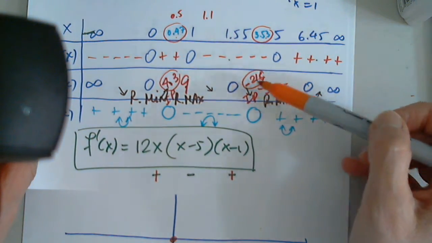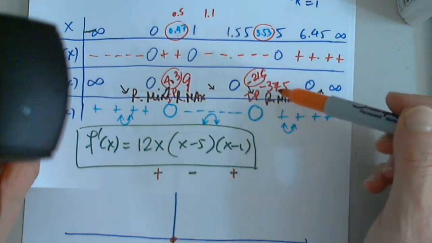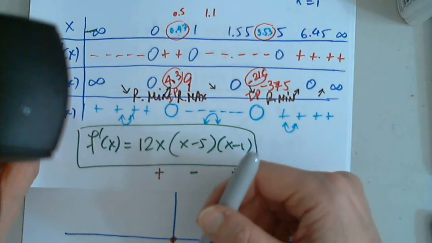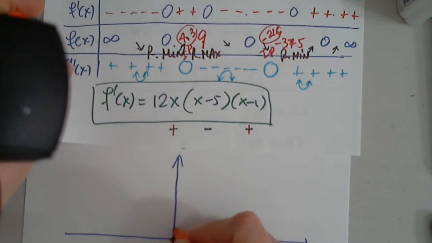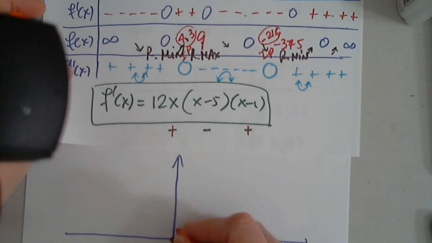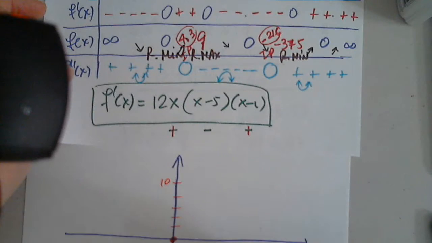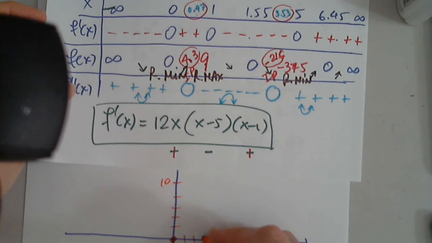I'm debating with myself about the scale. That's the thing. So I think I'm going to break the scale in the negative part of the y-axis, but not in the positive. Okay, so it goes up to 9. 2, 4, 6, 8, 10.